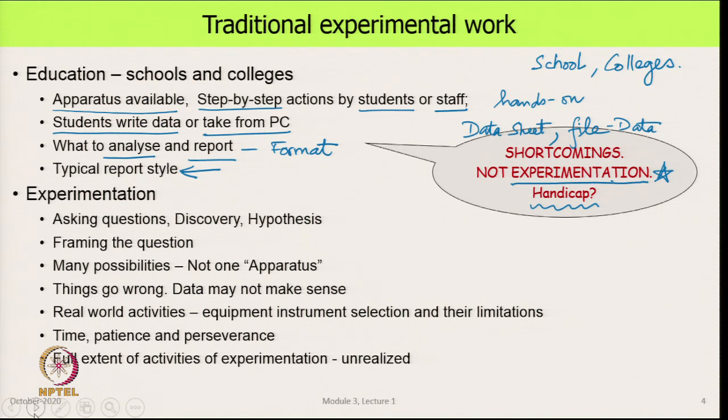So, here are some of the issues that do not come out in the traditional experimental work the way we are taught. All experimentation, all research, all query, education in general begins by asking questions, by questioning what we see. That is the other important thing, observation.